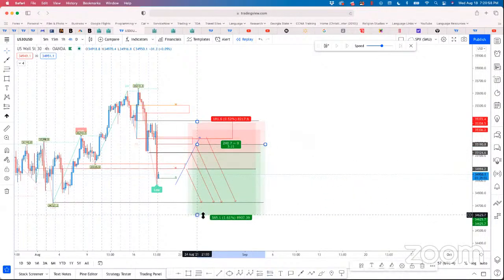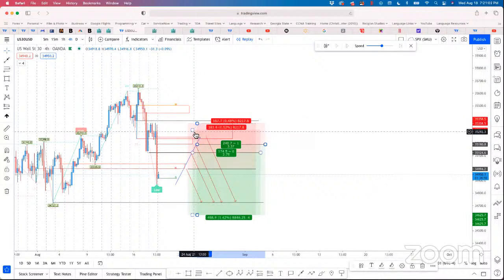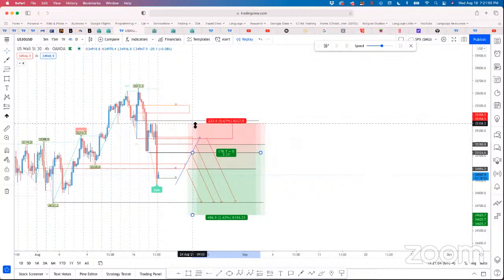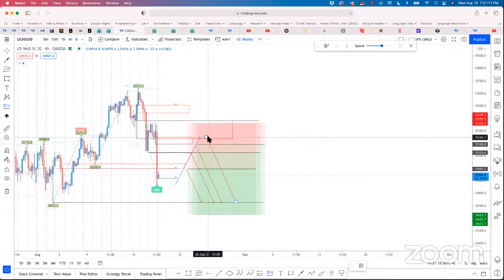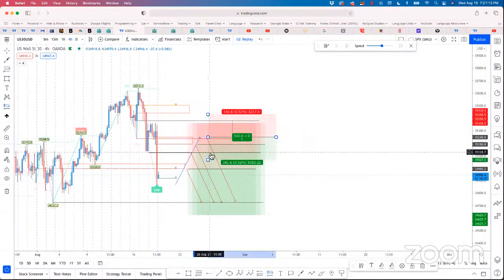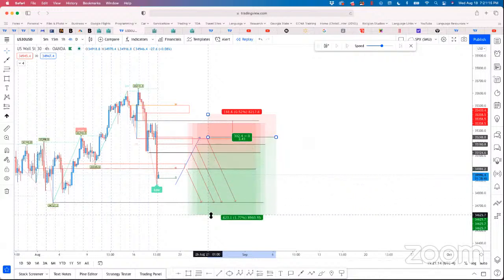Higher risk reward, still looking at this high. And then the last would be here. Best risk reward, but it requires the most patience.